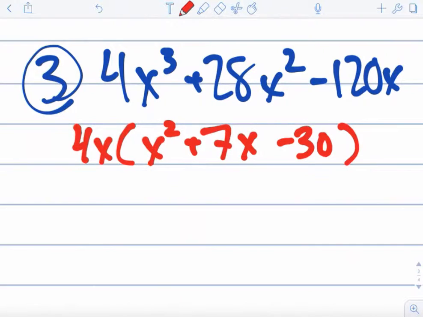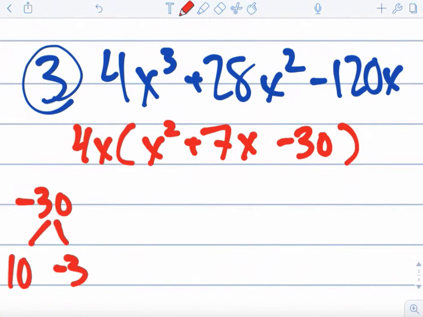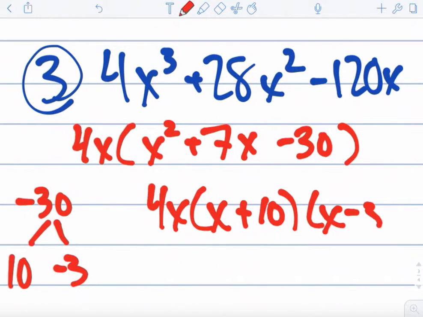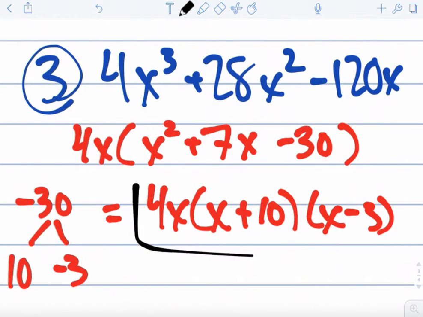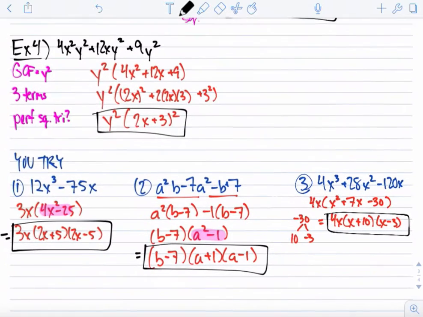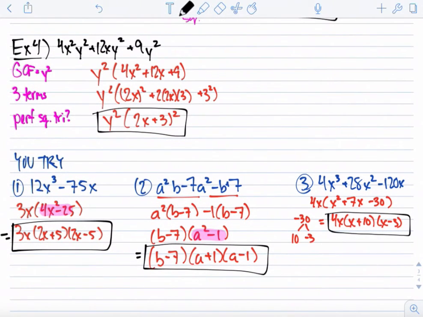It's 3 terms, but not a perfect square trinomial, because 30 is not a perfect square. a is 1, so we're looking for factors of negative 30 that add to 7: 10 and negative 3. So I get 4x times x plus 10 times x minus 3. Okay, that's it for Chapter 5, Section 4.